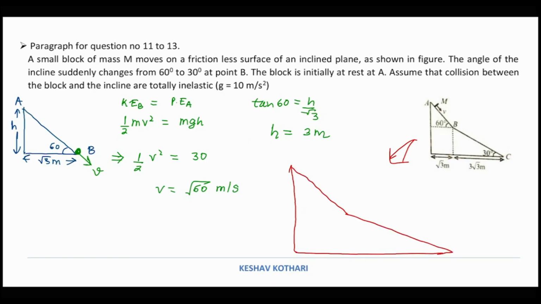At this point the velocity is directed like this with a speed v, and it makes an angle of 30 degree with the vertical. So I can say that this angle over here is equal to 30 degree.